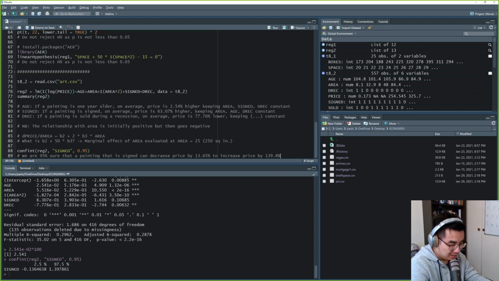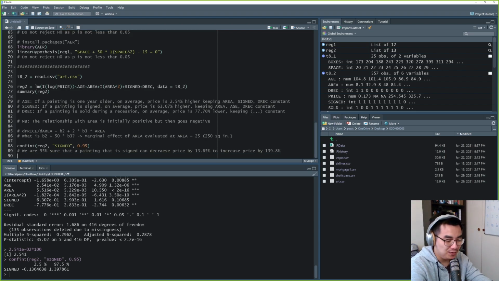Okay. Which is a really, really wide interval. Yeah, so note that it's a really wide interval, which just means that the certainty of the effect is very low.